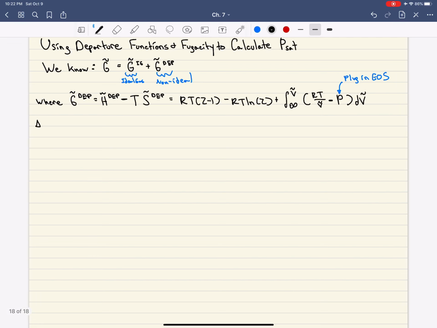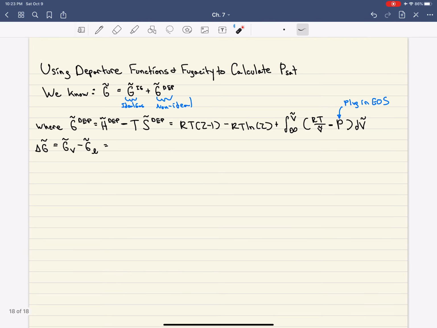Now, if we look at that in the context of our delta G, which would be G vapor minus G liquid, if we plug in the form up here, for the vapor phase we get GIG plus GV departure, minus GIG plus G liquid departure.